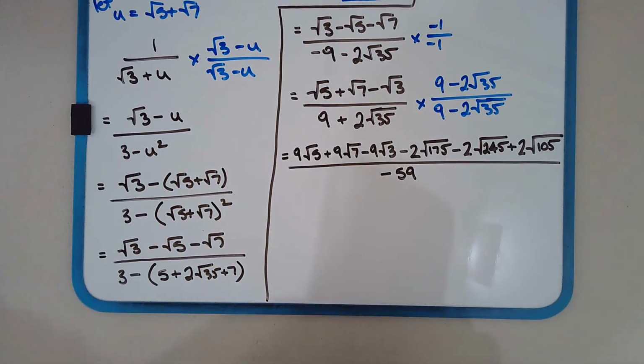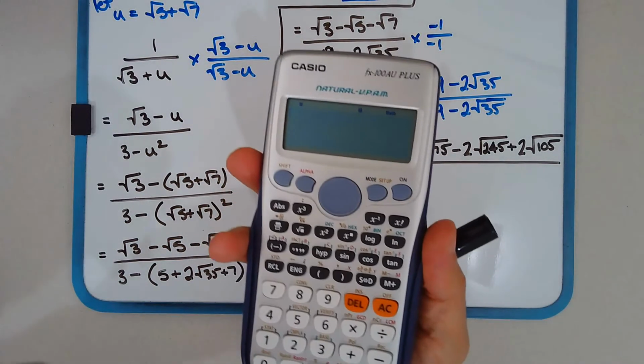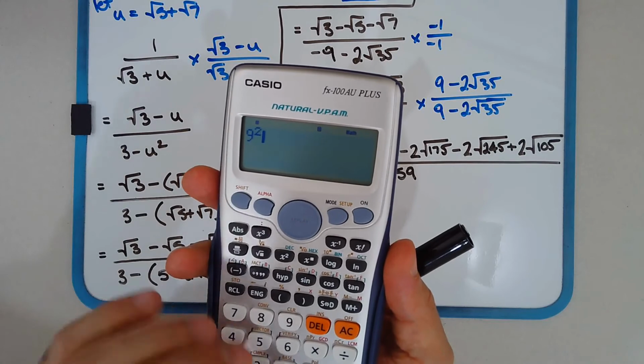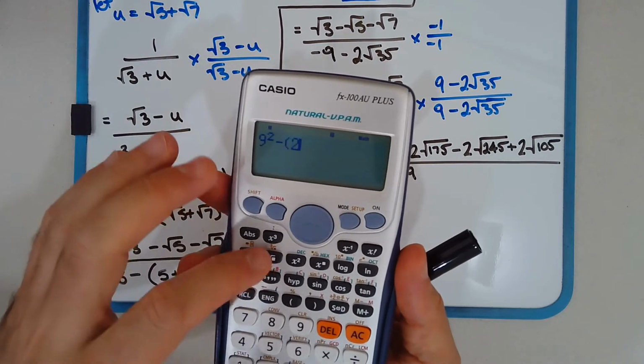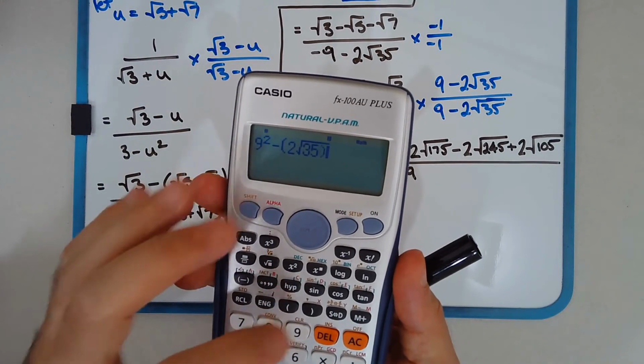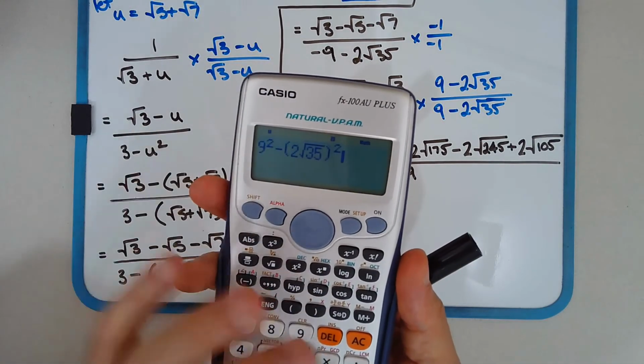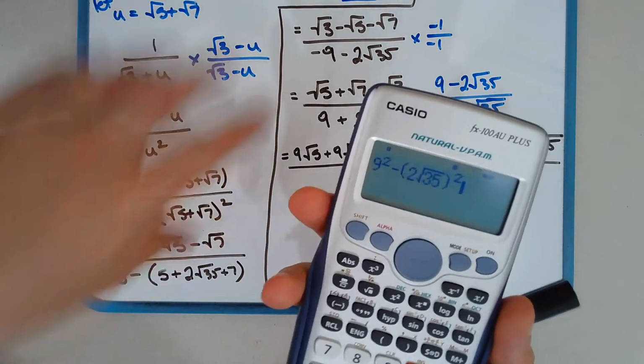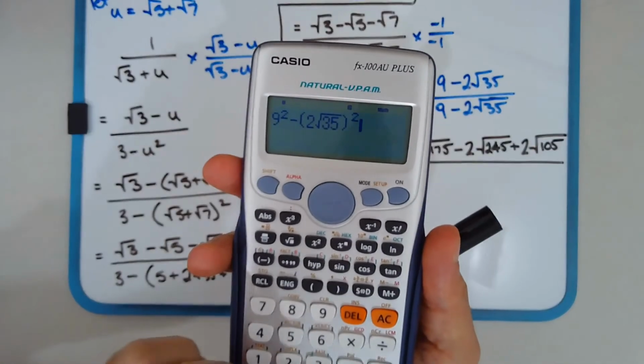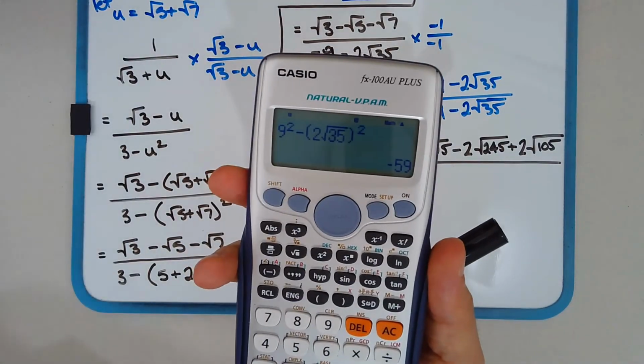Of course, in an exam situation, you probably think I'm panicking here. What do I do? You can just type it in, right? If you ever get stuck, just make sure you type it in carefully. Write neatly, but type it in carefully. You get negative 59, so that's great.